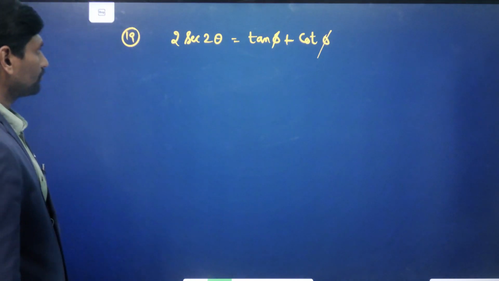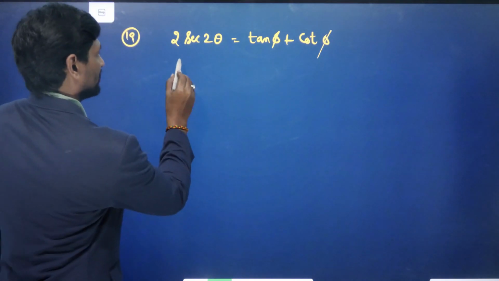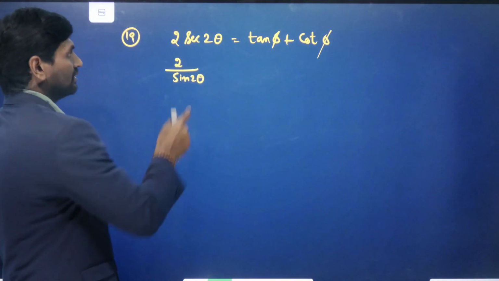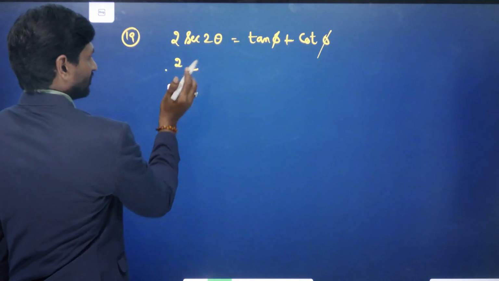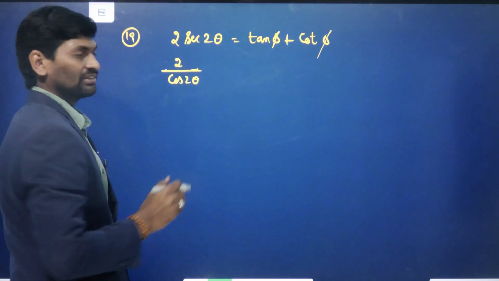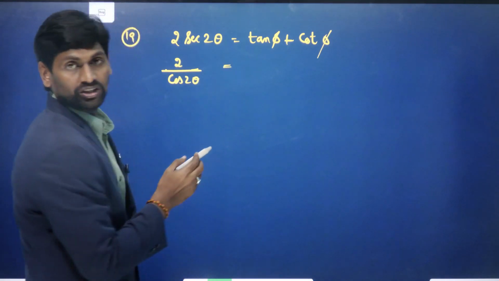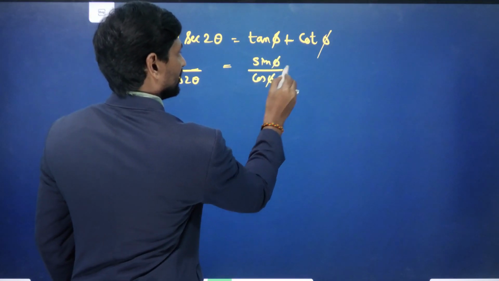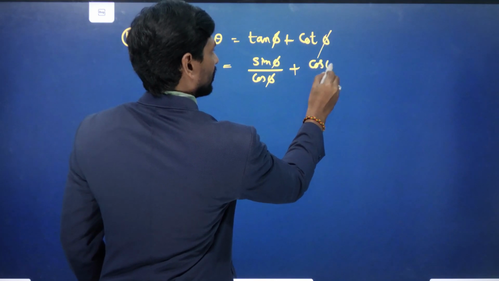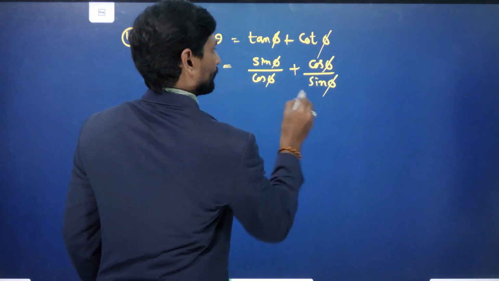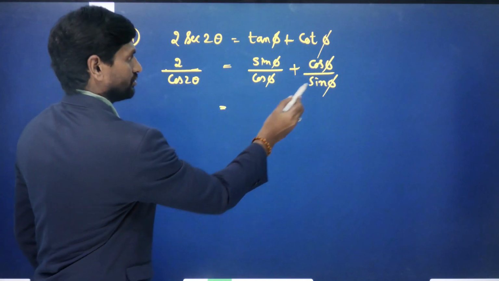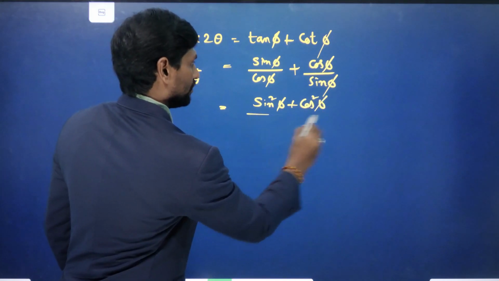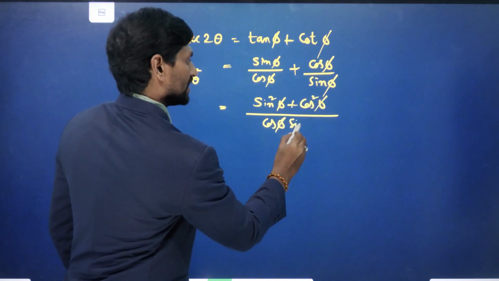Yeah, let us see this. Now I am going to write this one as 2 by cos 2 theta, because secant theta is nothing but 1 by cos theta. Same way, tan phi we can write as sin phi by cos phi plus cot phi we can write as cos phi by sin phi. That is equal to, applying the cross multiplication, (sin square phi plus cos square phi) by cos phi into sin phi.